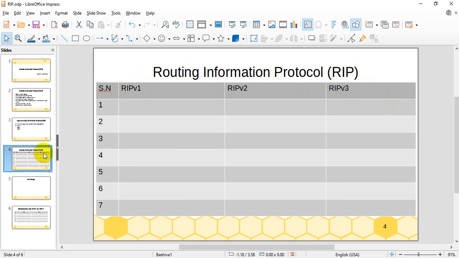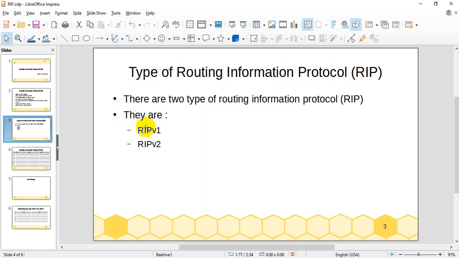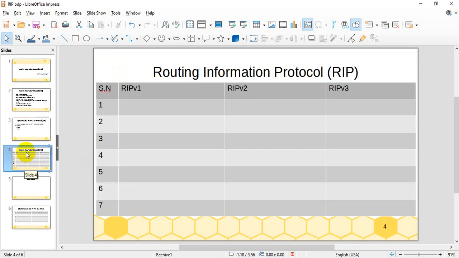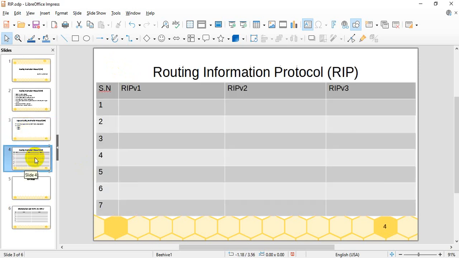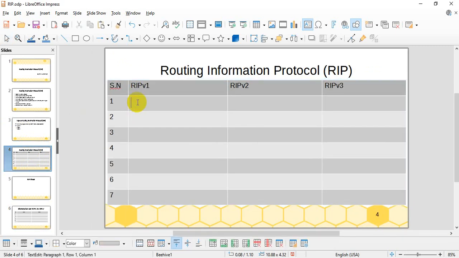In IPv4 there are only two types, RIP version 1 and version 2, and in IPv6 we use RIP version 3, called RIPng. Let's talk more about RIP version 1.